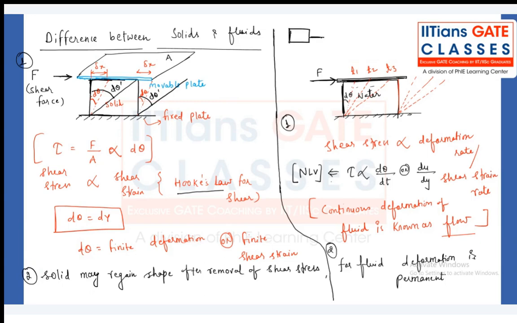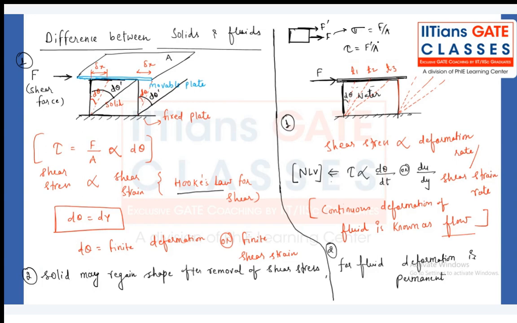See, again that is a basic understanding. If I apply the force normal to the area, normal stress will be developed, force upon area. But if I apply the force parallel to it, I will get shear stress, and I will get the deformation. That is nothing but shear deformation. If I need more shear deformation, do I need to apply more shear force, the same shear force, or less shear force?